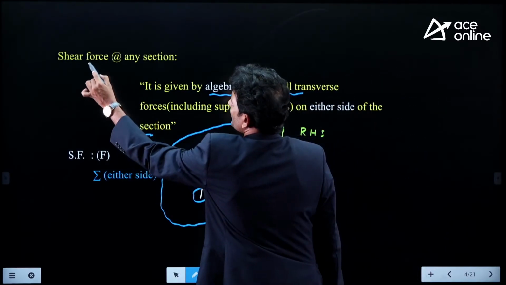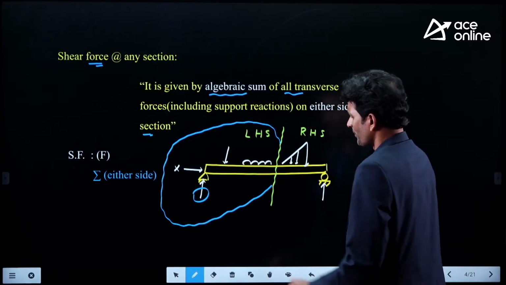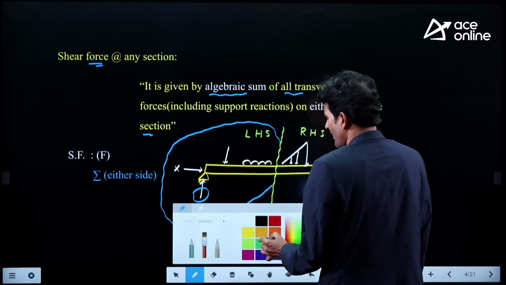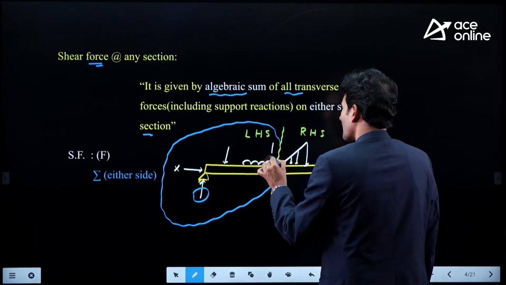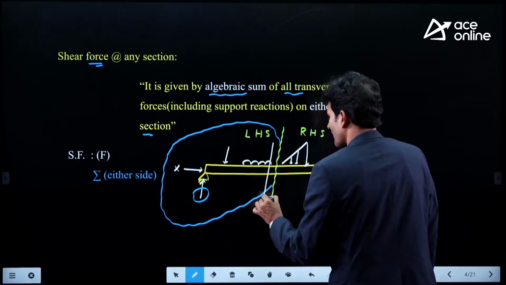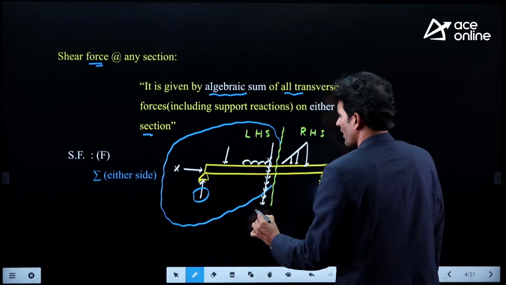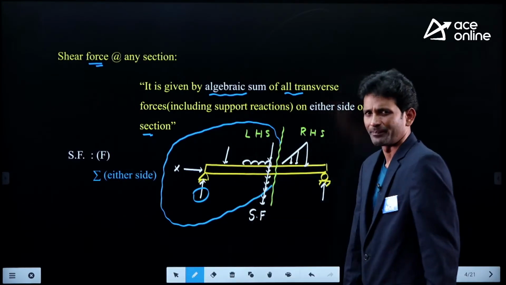That gives the shear force at one particular section. See here, suppose the resultant of all these transverse forces is acting something like this in the downward direction for my left hand side of the section, then this force I may consider as the shear force acting at this particular section.